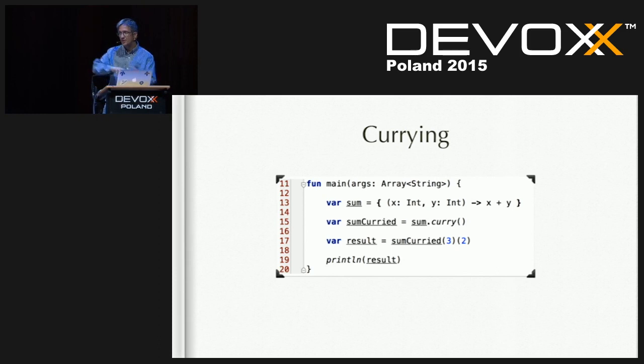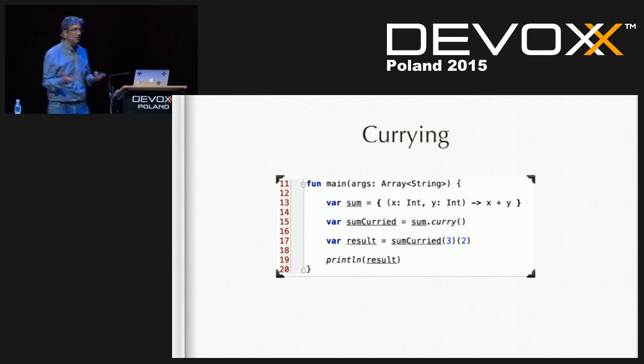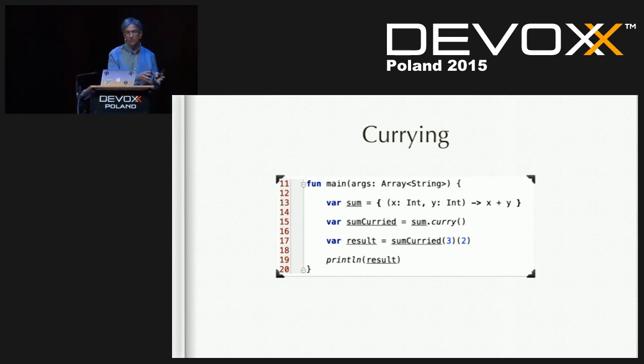So how do you transpose that to our world, where we have functions taking multiple parameters? That's where currying comes in. And currying, basically, what it does is take a function that takes 2 parameters or more and decomposes it into functions that take single parameters.